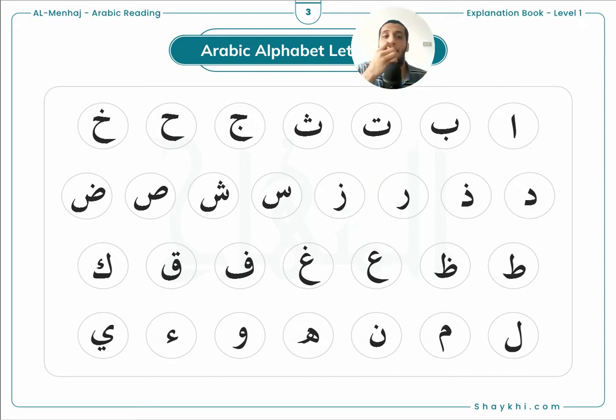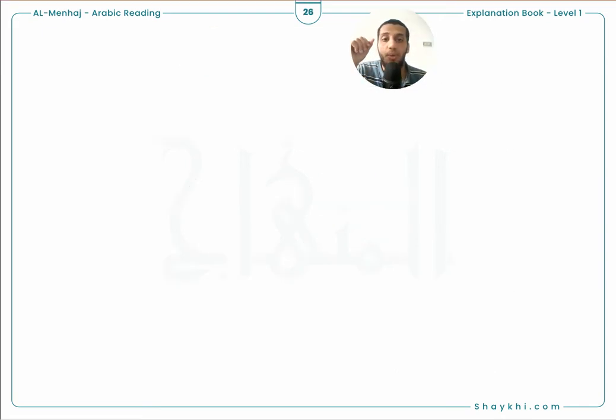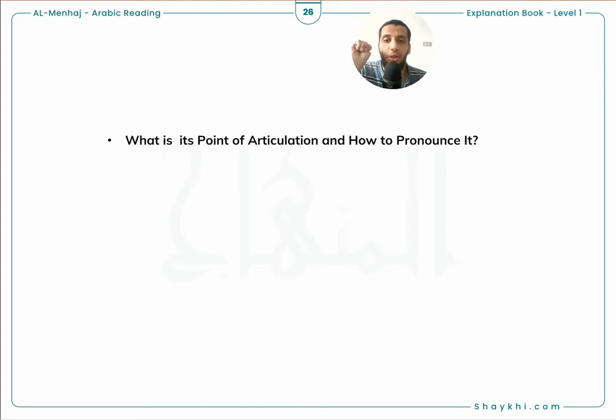As always, our discussion includes four points. What is the point of articulation and how to pronounce it? The point of articulation, the organ that's used, and how to use that organ to pronounce this letter. Then the second point, whether this letter is a heavy letter or a light one.